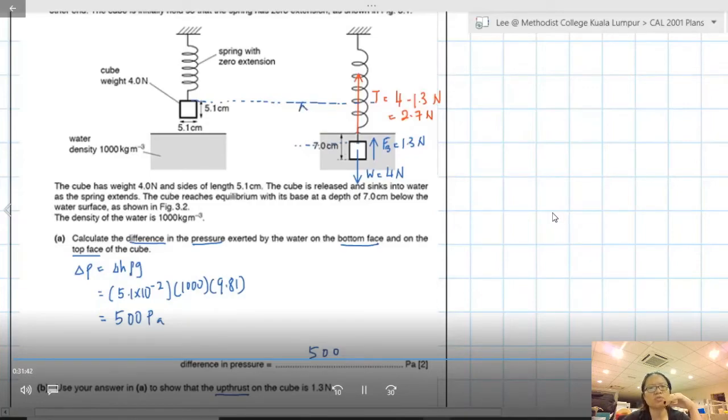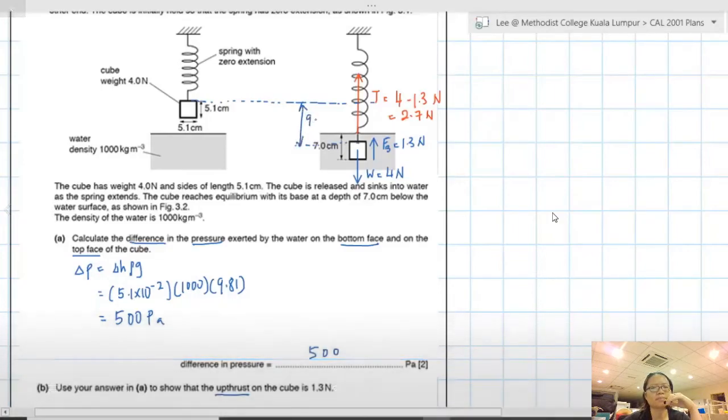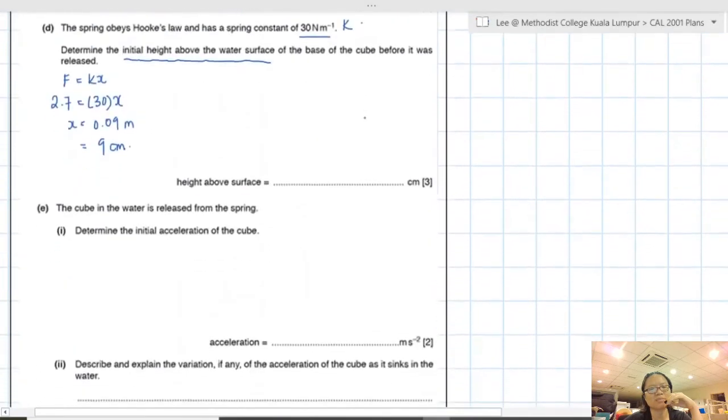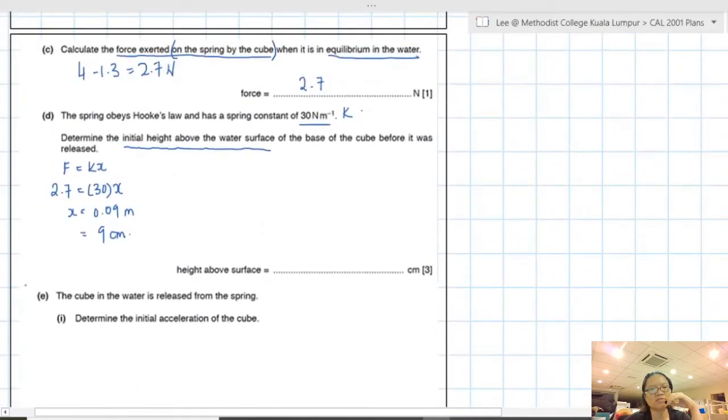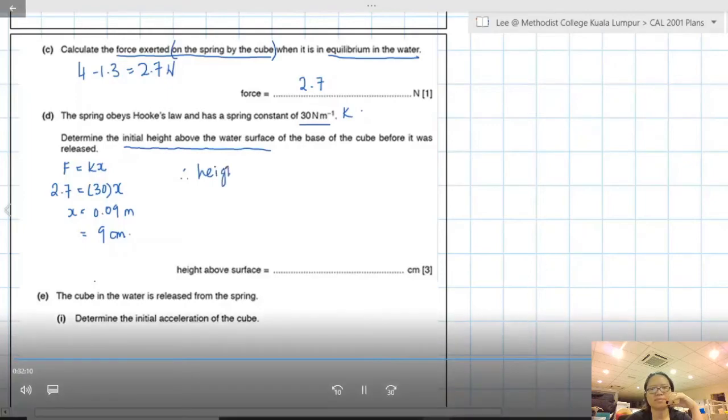Okay, so here to here is 9 cm. Because there is no extension and then finally it is extended by 9 cm due to the 2.7 Newton. So this must be 2 cm, not drawn to scale, if there to there is 9 cm. So then the height above the surface will be 9 minus 7, which is 2 cm.